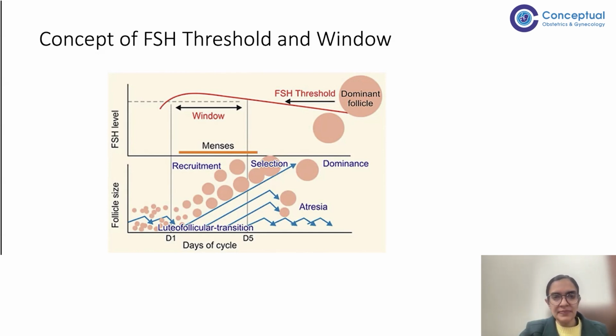Is that clear? This is a very, very important concept, a very basic thing, but very important. So we keep giving extra FSH so that multiple follicles get selected and go towards dominance, and we are sort of saving them from atresia by giving them more fuel for growth.